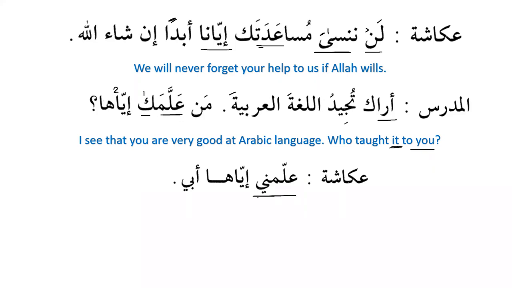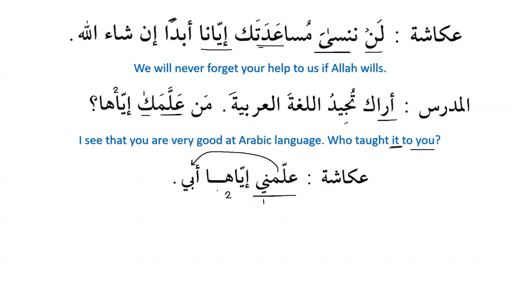Where is the doer? The doer is Abi. Excellent. So ni, ya al-mutakallim, is maf'ul number 1, and iyaha is maf'ul number 2.